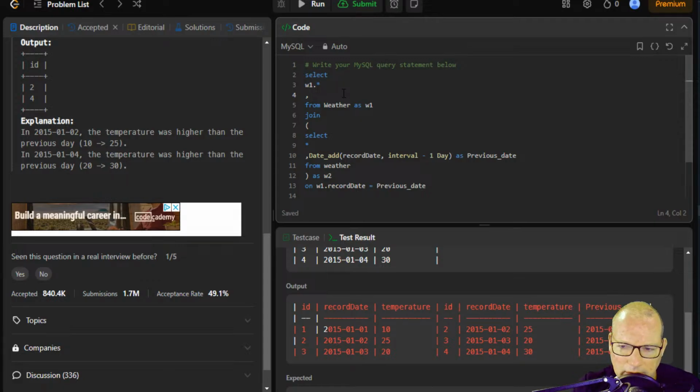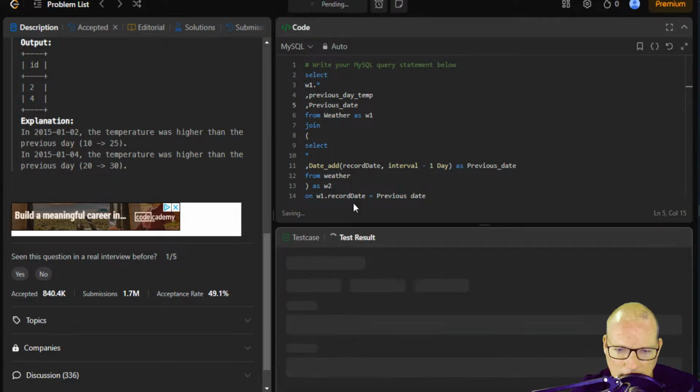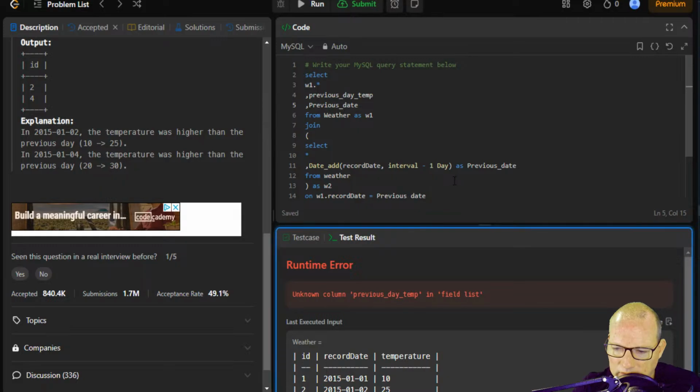How about we do some aliasing and then we'll get it to work so everybody can see this. And previous day temp and previous date. So we're doing more than we need, but here's some realistic things, and then we're going to filter it out so you can see.